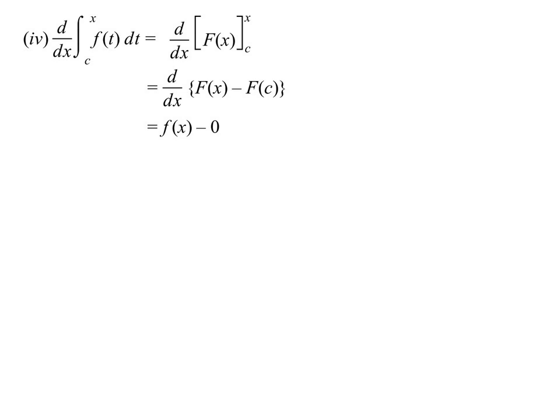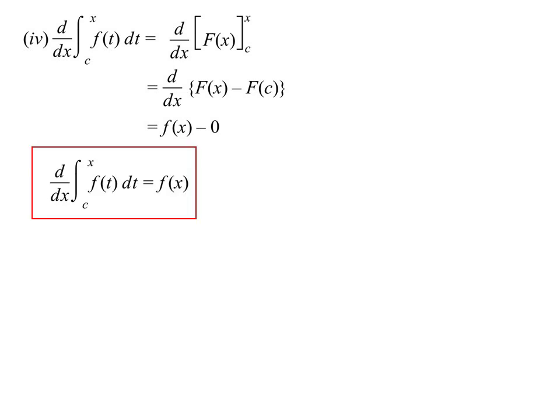But what I do know is when I differentiate a constant number, I get 0. So it actually does not matter what c is. That will always be 0. Meaning, essentially, they cancel each other out. If you differentiate the integral, you just get the function that you were integrating in the first place. So we get function x. They are inverses. They cancel each other out.